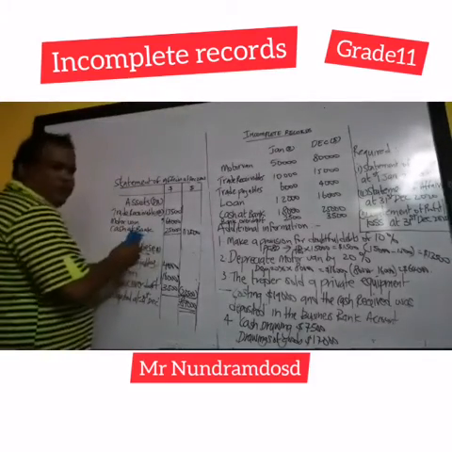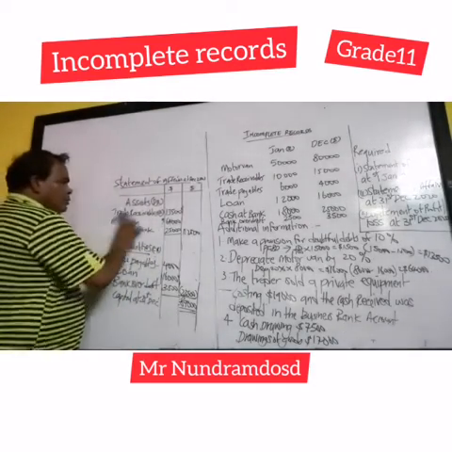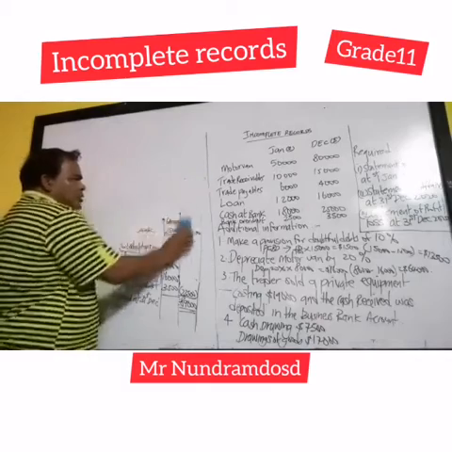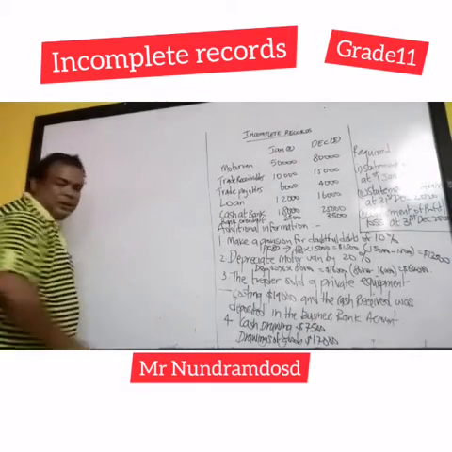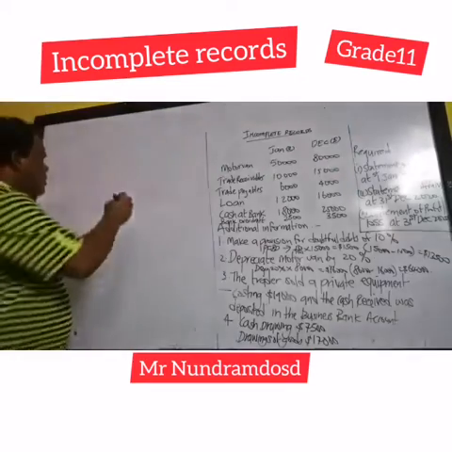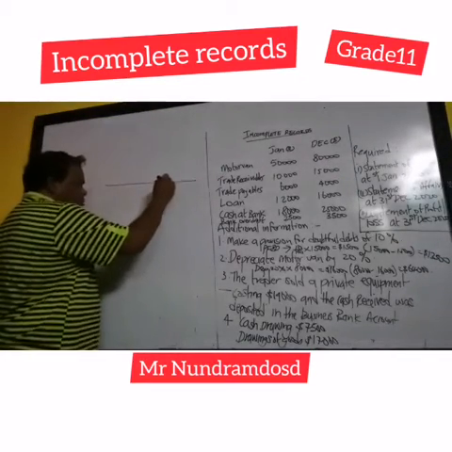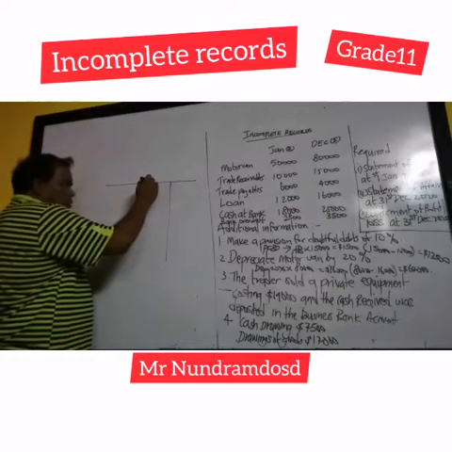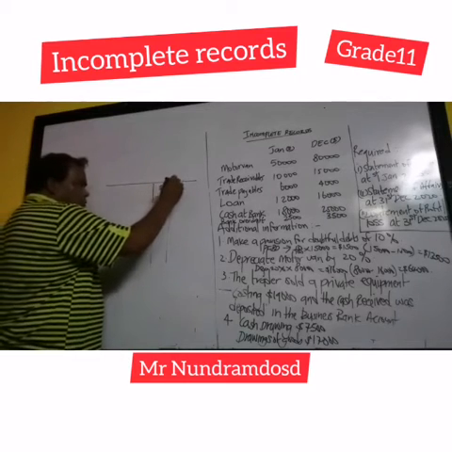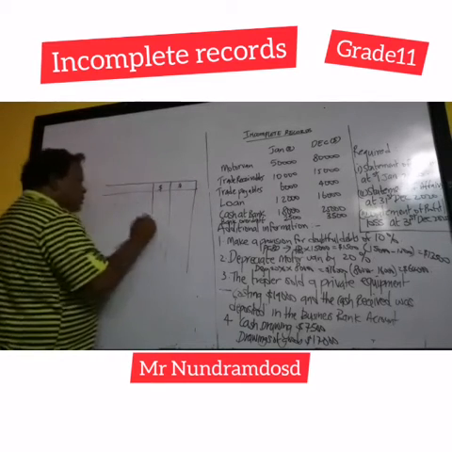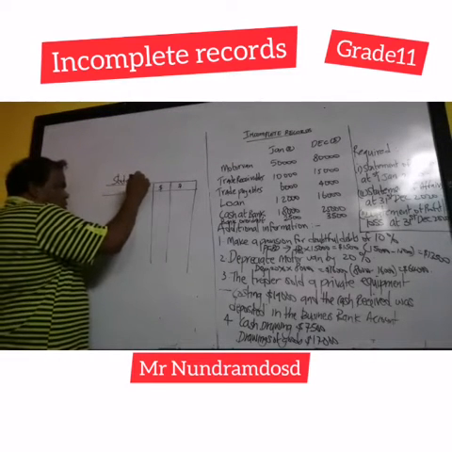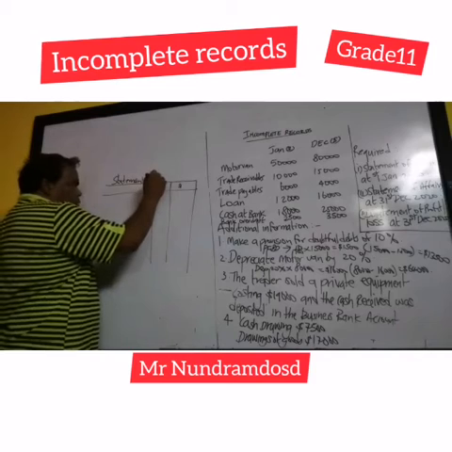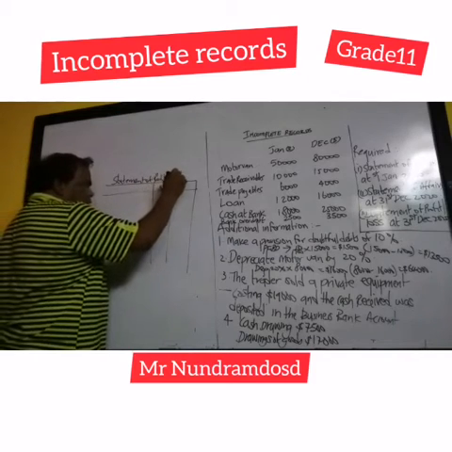How to prepare a statement of profit or loss? You still remember, in a profit and loss statement we have capital at end, less capital at start. We have two columns here. Statement of profit or loss.